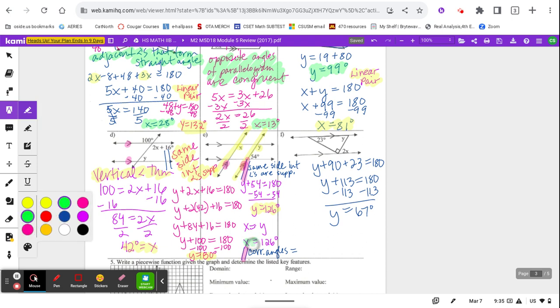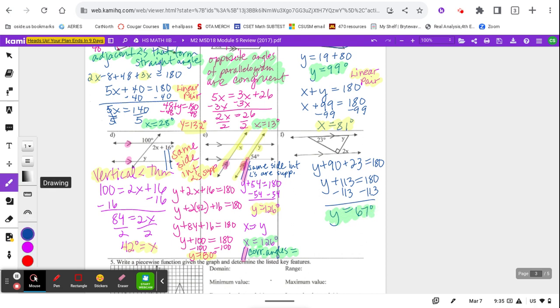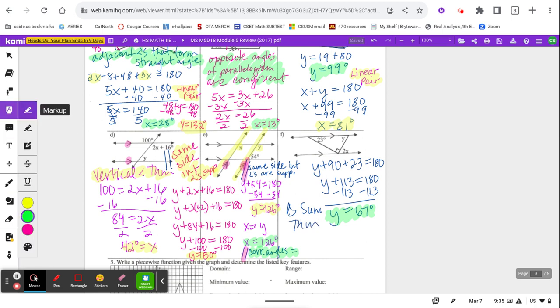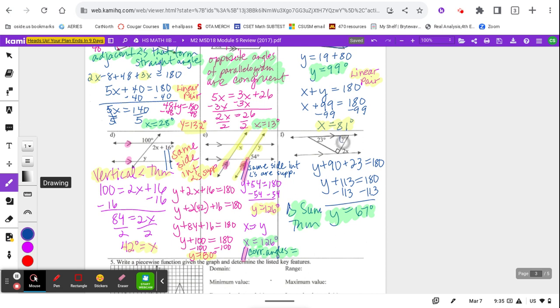I forgot to highlight this other one. So here we say 67 degrees, and we say triangle sum theorem. Well, we know that y is equal to 2x by alternate interior angles are equal. So we say 67 is equal to 2x.